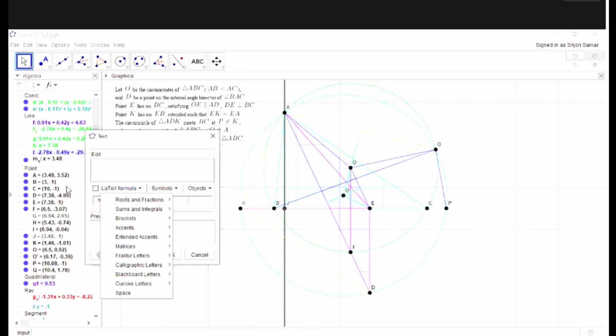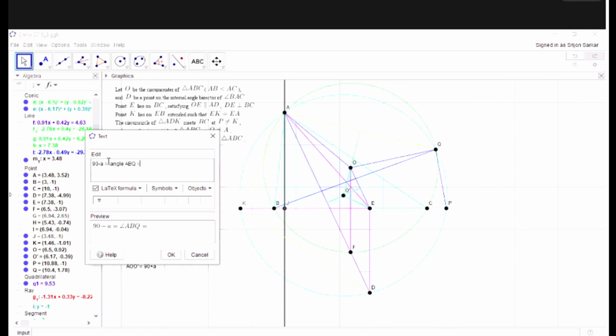LaTeX formula: 90 minus A equals angle ABQ equals AQP, and that is equal to, not 100, AQP. See if it's clear now.